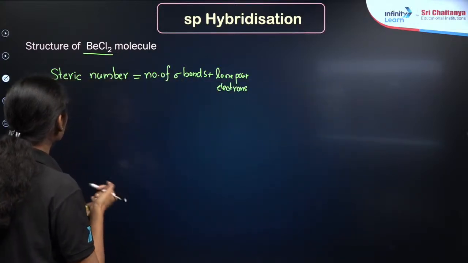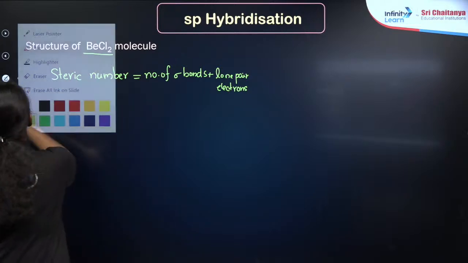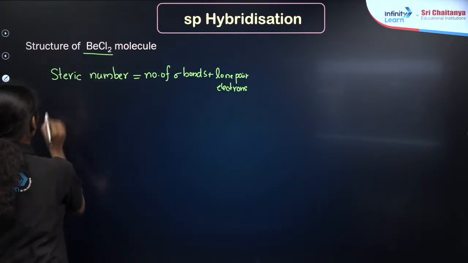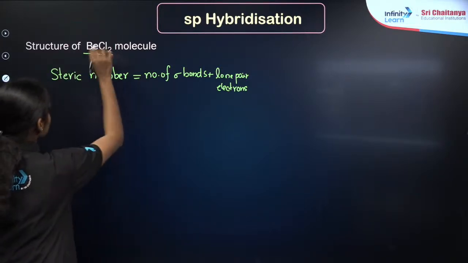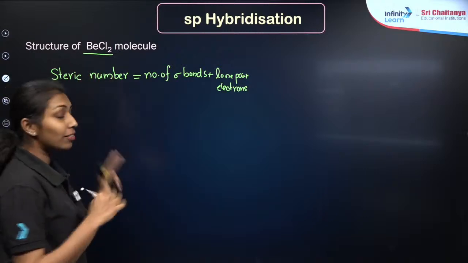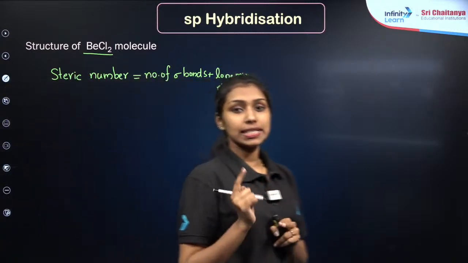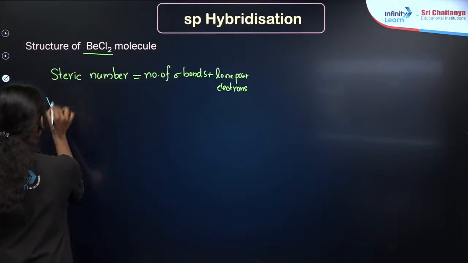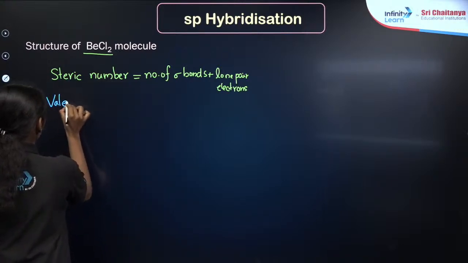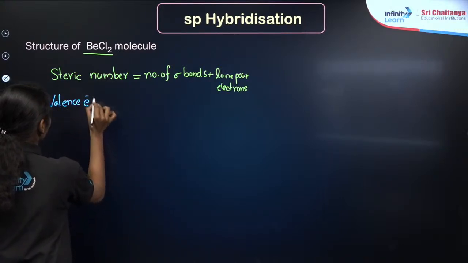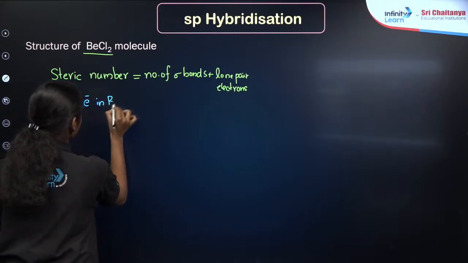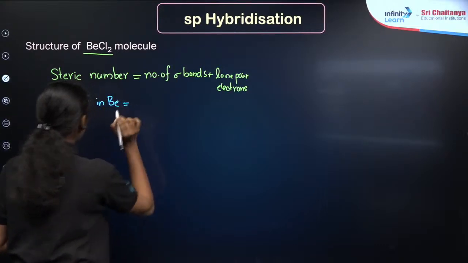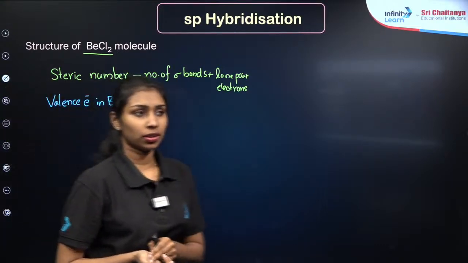So, if I am taking the BeCl2 molecule, the first thing to be done is this. In the case of BeCl2, beryllium having the least electronegativity will be the central atom, right? So, what will be the valence electrons in beryllium?